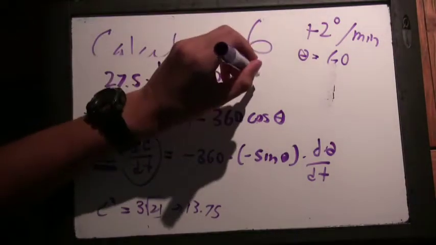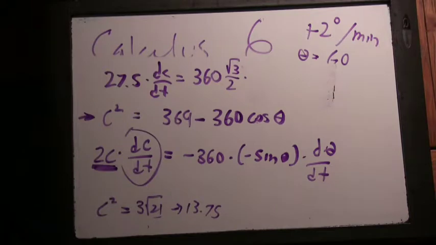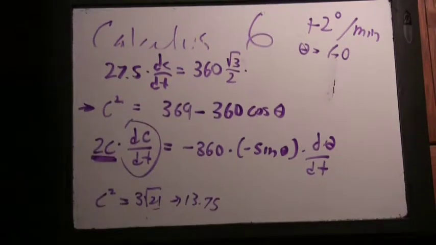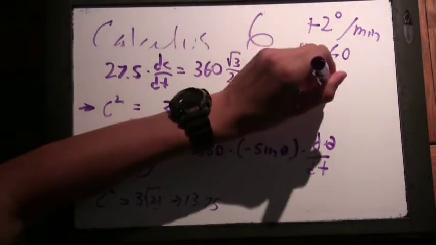Yeah, this is the tricky thing we've not talked about before. So when you do trigonometry in calculus, everything's got to be in radians. So you gotta switch 2 degrees a minute into radians.